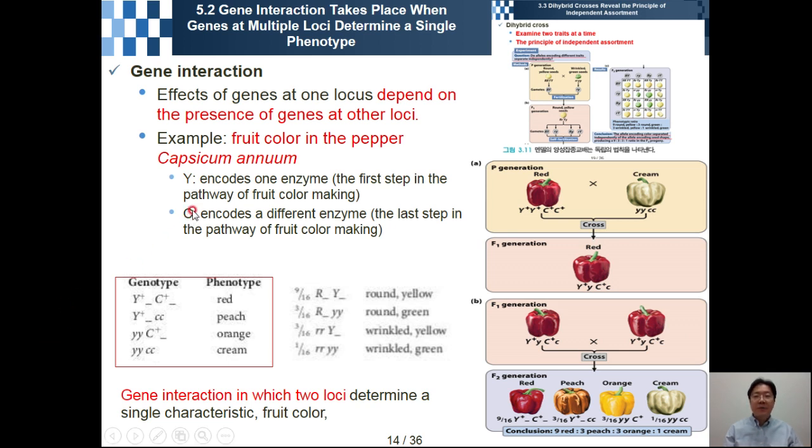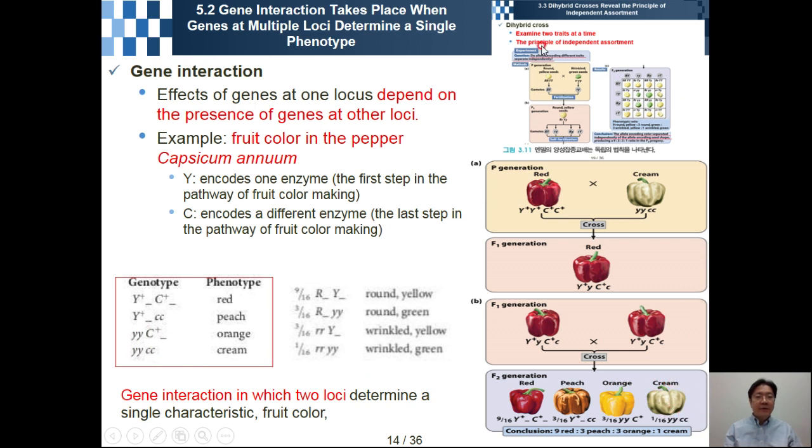But C encodes a different enzyme, the last step in the pathway of fruit color making. So when the genotype is Y plus and C plus, the color is red; Y plus with cc is peach; small yy with C plus is orange; and small yy with cc is cream.